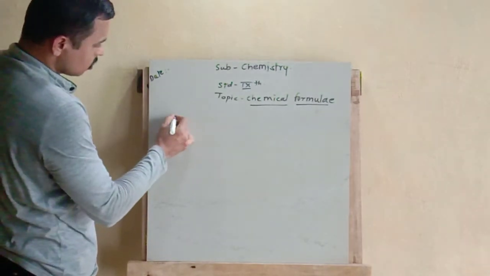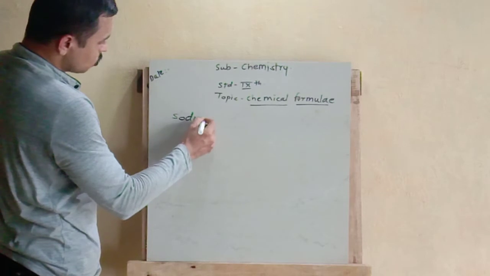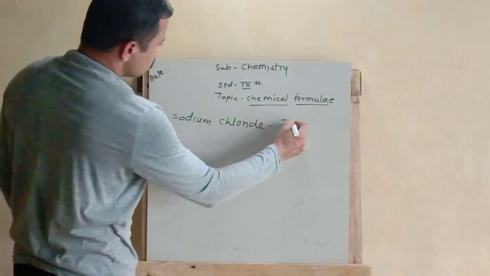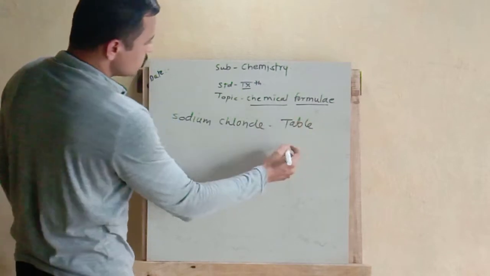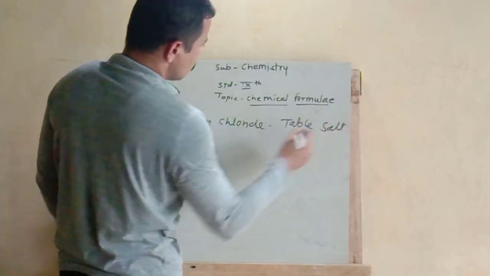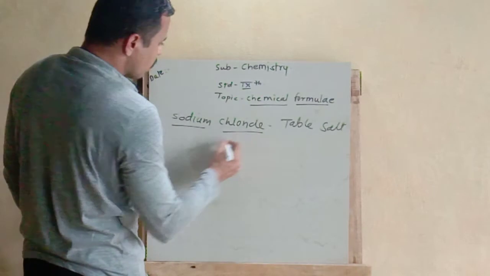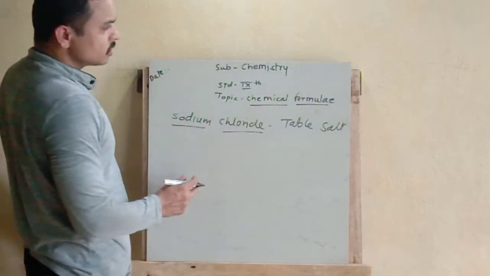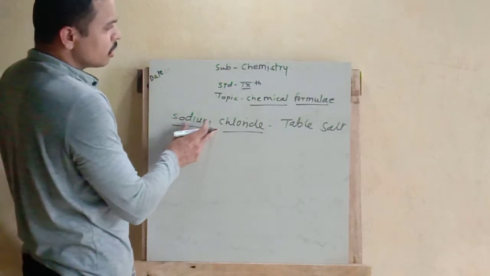So for example, if I want to write sodium chloride, that is your table salt, sodium and chloride are the two words. Now I want to write its symbolic form. So this is your chemical formula.